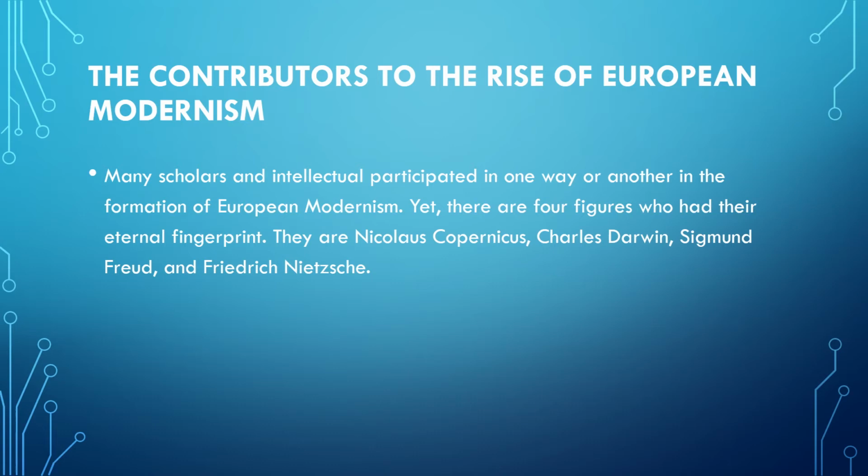Of course, you might add other intellectuals, other thinkers like Kant, like Heidegger, like many other philosophers. But these four are considered to be the most famous and the most effective ones. Okay, let's see what did they contribute.